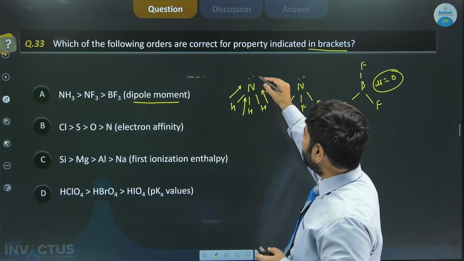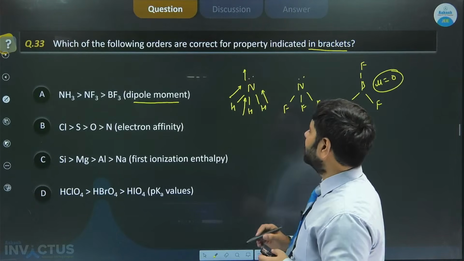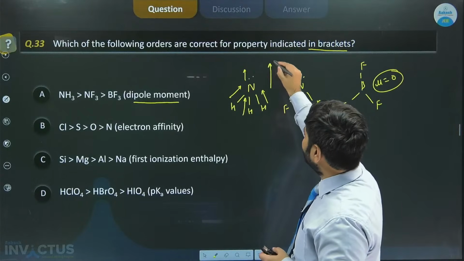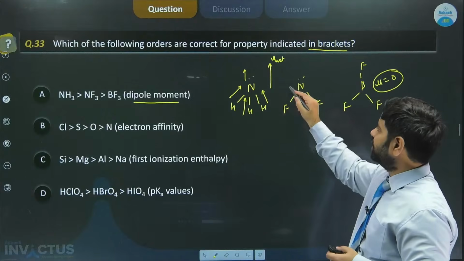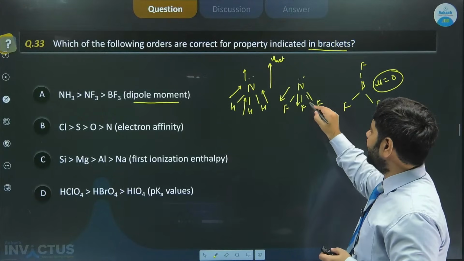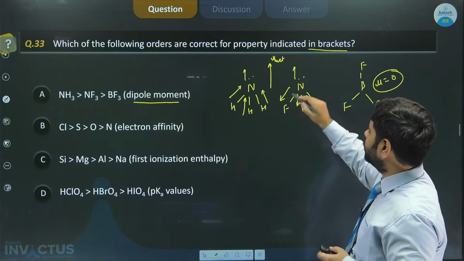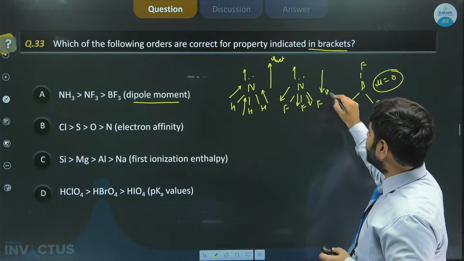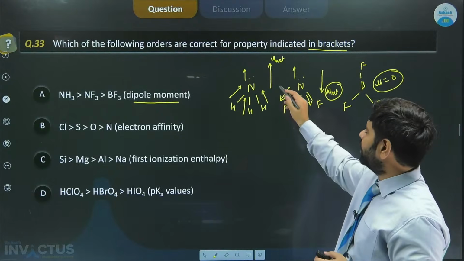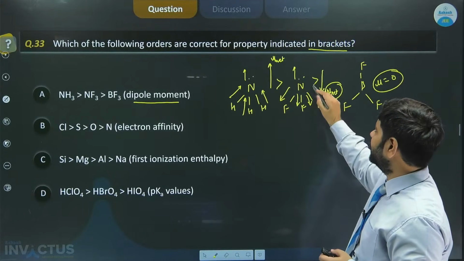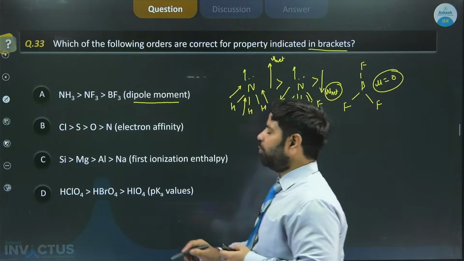And between the lone pair and nitrogen, it would be towards the lone pair, and the net dipole moment will add. But in case of NF3, the direction would be towards fluorine and towards the lone pair, and the net would become smaller after subtraction. So the dipole moment of NH3 is greater than NF3, then BF3 has the least dipole moment.